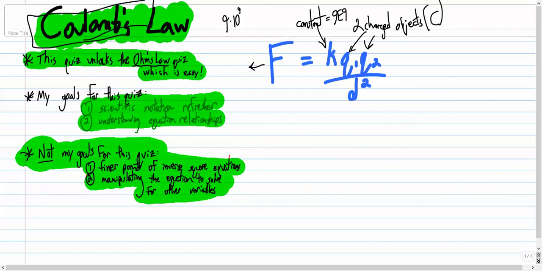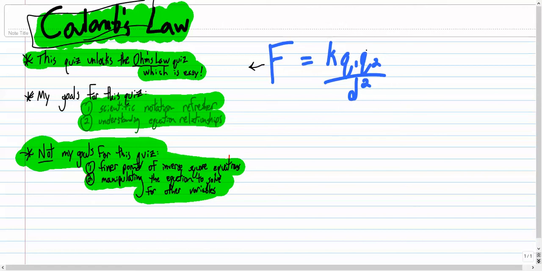And lastly, down on the bottom here, we have how far apart they are, or the distance, and that's going to be measured in meters. Quite often, when science type people use this equation, they're talking about electrons orbiting the nucleus of an atom, and so you might see R here instead of D because we're talking about a radius. Either way, it's still just a distance. So whether you see D or R doesn't really matter to us.